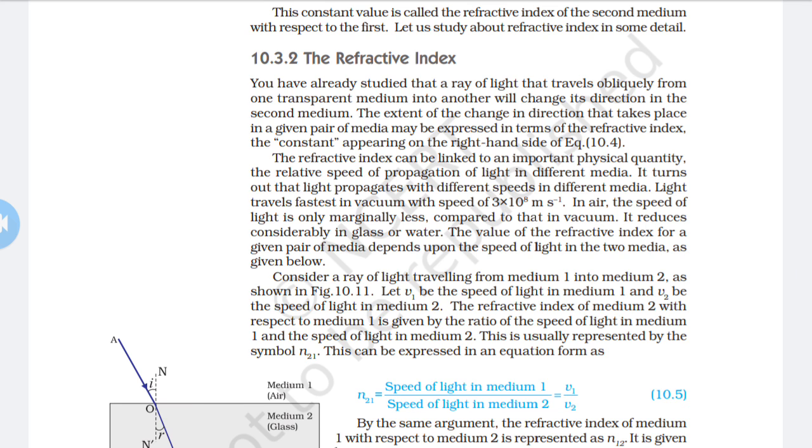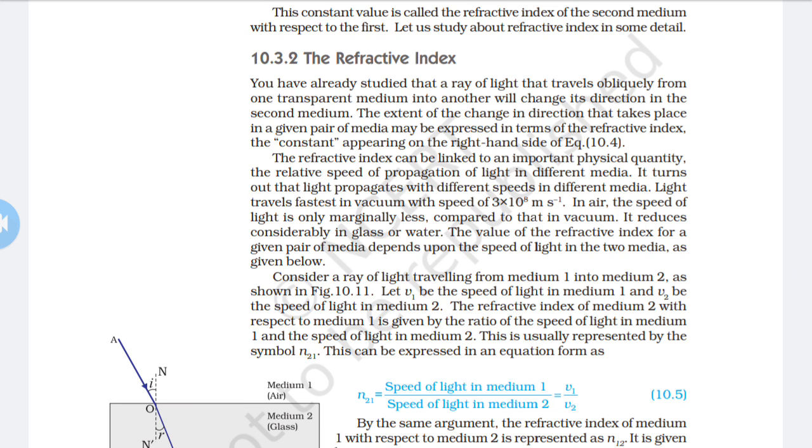Now, suppose this type of question is asked: explain the term refractive index, or explain the relative refractive index. For that, we'll start with the speed of light in vacuum, which is a fundamental constant of nature. It is denoted by small c.